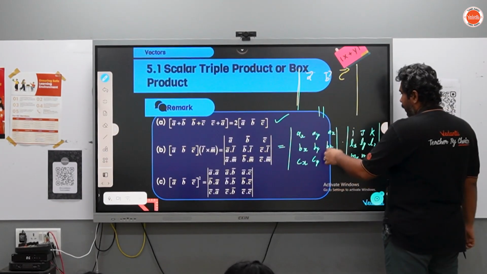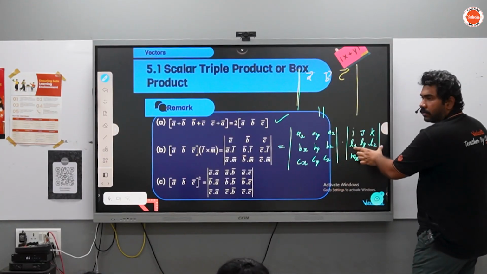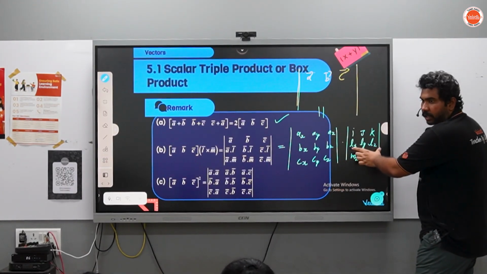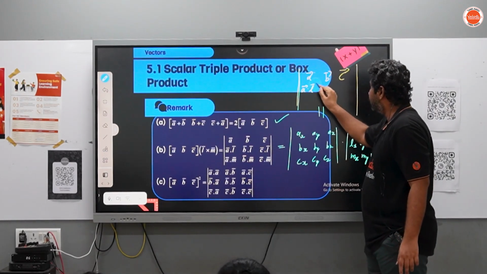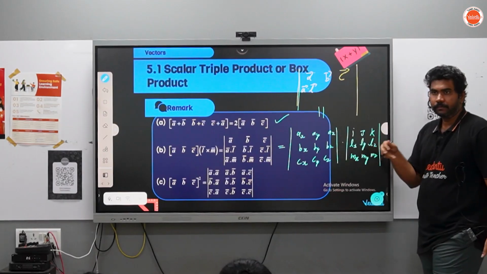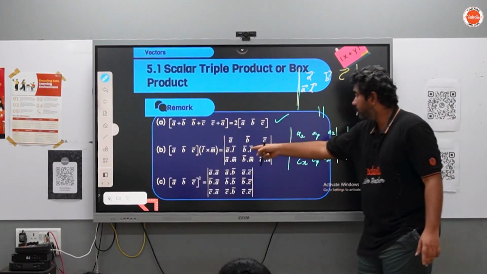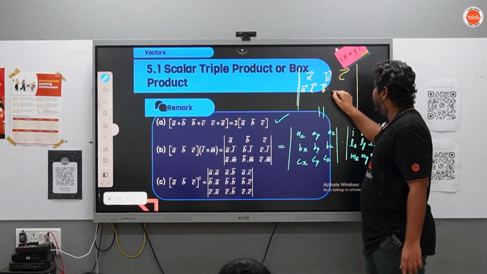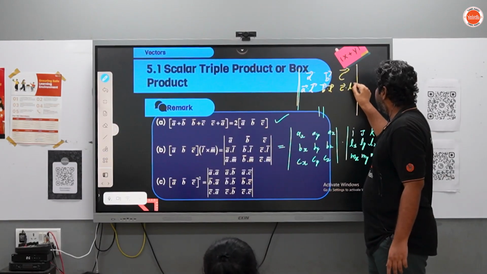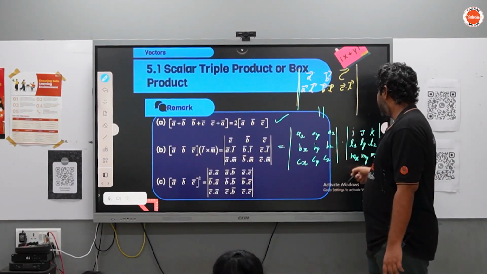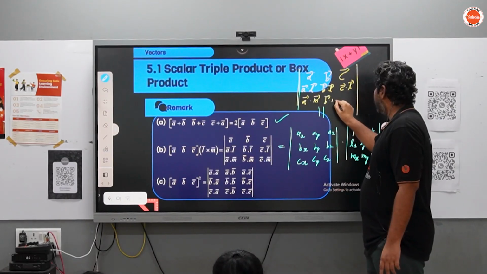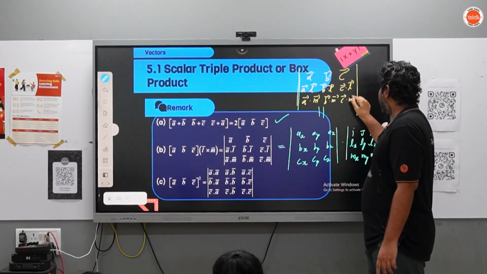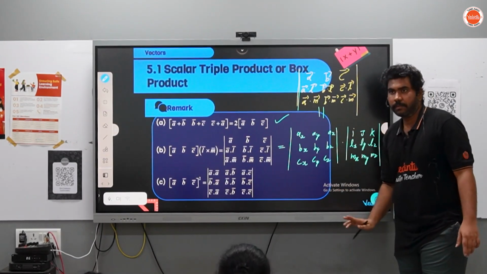Then again the same case, AX, AY, AZ into LX, LY, LZ gives me the element in 2 1. That is nothing but A vector dot L vector. Likewise you can get all of these: B dot L, C dot L, and then A dot M, B dot M, C dot M. That's how it comes.